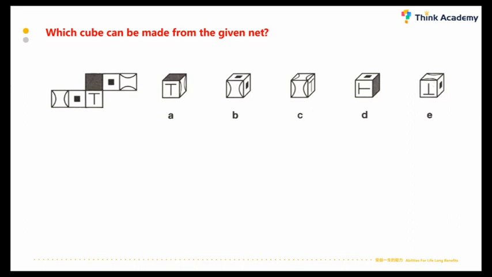Okie dokie. So, I am going to now go through how to do this question, okay? And let's try to do it in the most efficient way possible, okay? So I'm going to try to do it in a very smart way. I'll show you guys, okay? So let's start with A, as we always do. So we can see that T is touching what? The black square and the tennis ball square, okay?